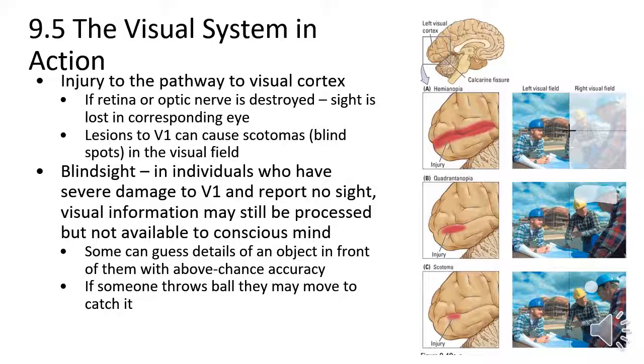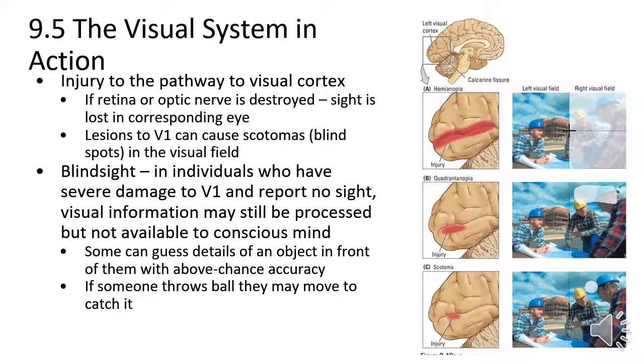So someone with blind sight may be able to guess details of an object in front of them with above chance accuracy. So if you say, am I holding a picture of a dog or a cat in front of you, it would feel like guessing to them, but they would be accurate above chance. So there would be some kind of visual processing happening.